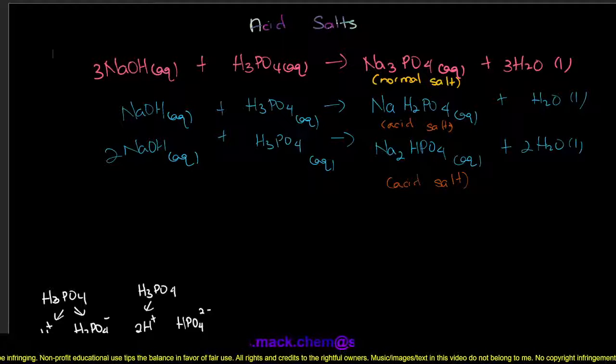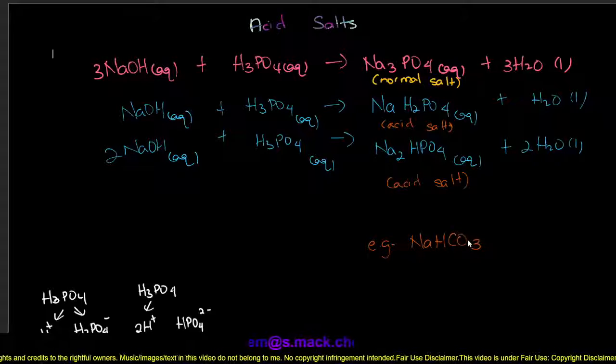You should be able to write equations to show the formation of the acid salts from sulfuric acid and phosphoric acid. And you are to take note of at least one other example of an acid salt, which is sodium hydrogen carbonate. And this is one other example of an acid salt.